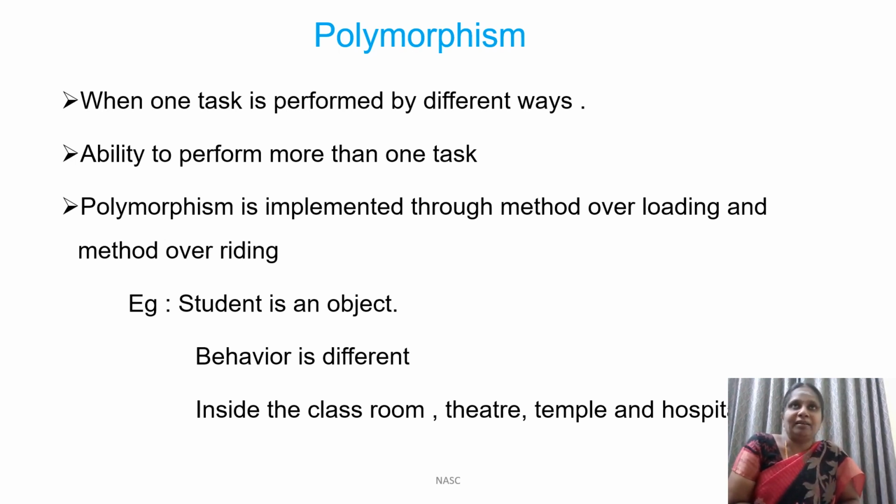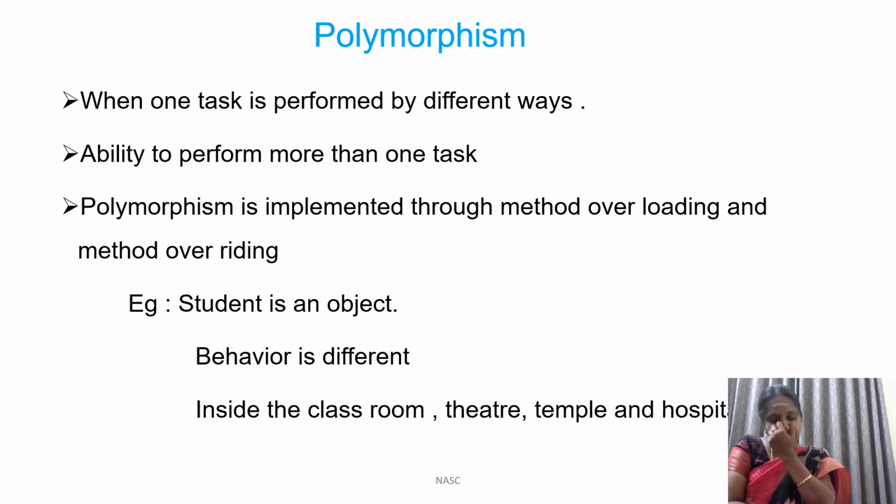Inside the temple, along with his parents, behavior is different. Inside the cinema theater, along with his friends, his behavior is different. So the object is the same, but the behavior being exhibited is different because it's based on the input. Based on the input, the objects have the capability to exhibit different behaviors.